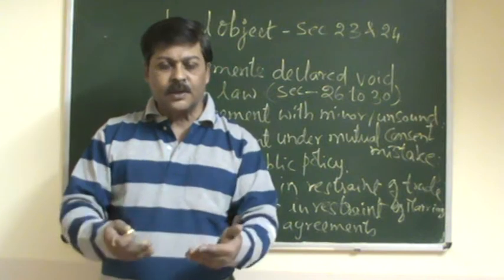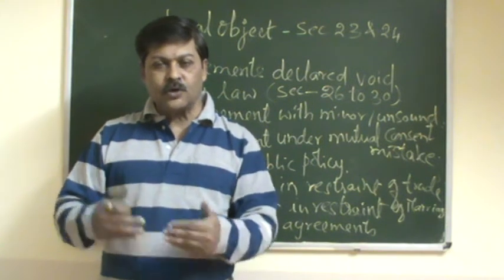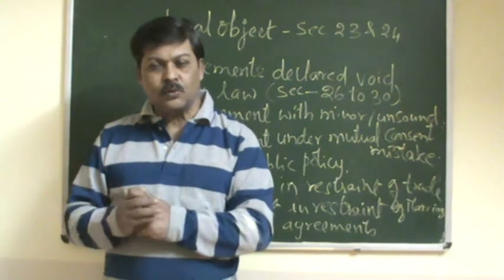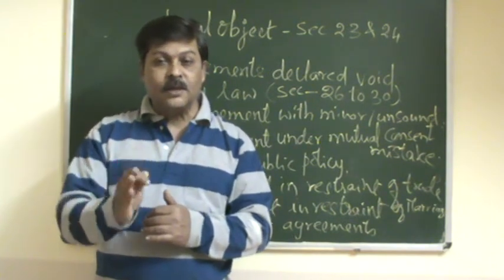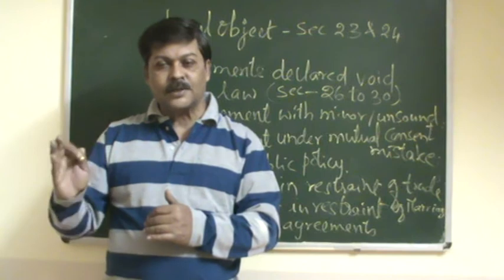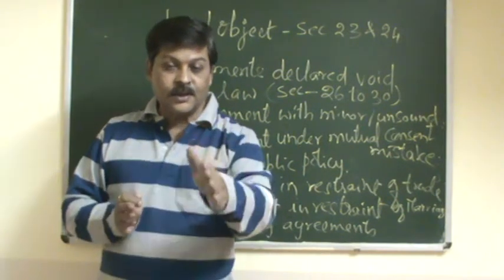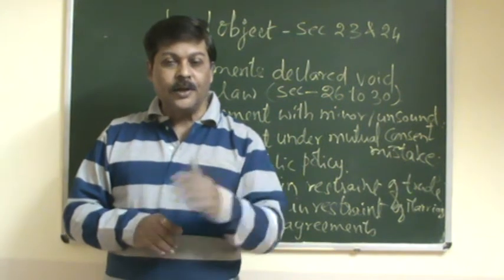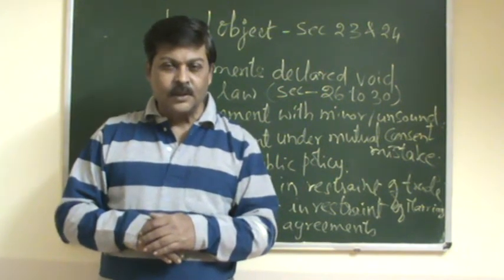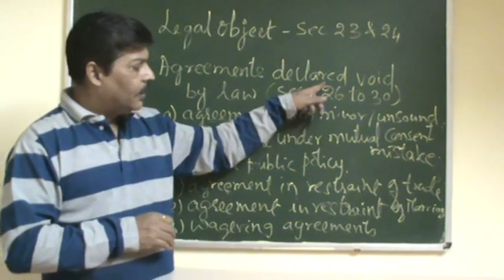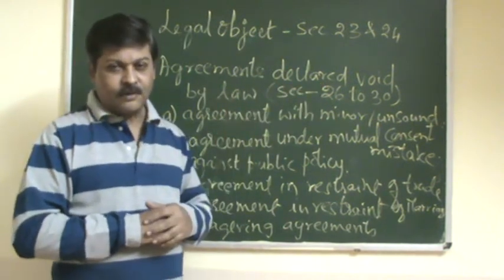After some years, X wants to leave the job and set up his own medical shop. Y says that you can leave the job but you cannot establish a medical shop in my locality. So he is restraining that person from doing a lawful business. Such restrictions are not permissible. They have been declared void by the law itself.